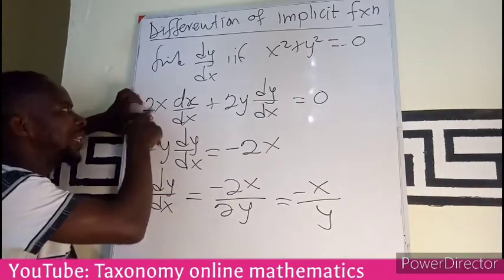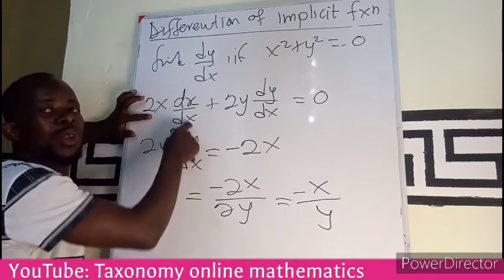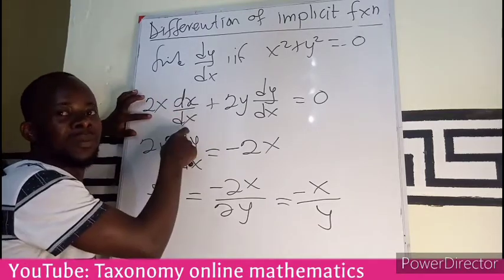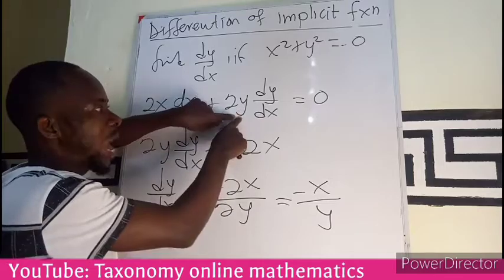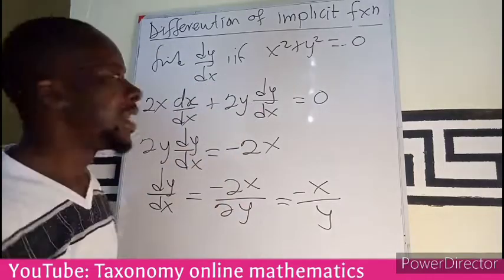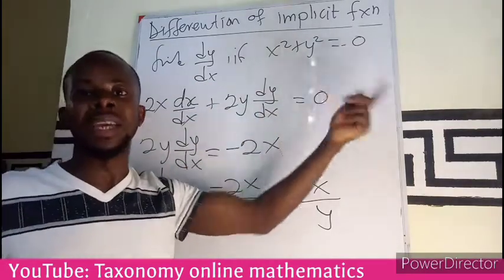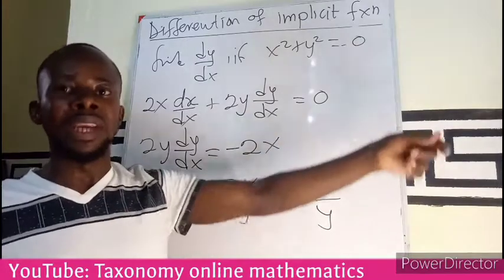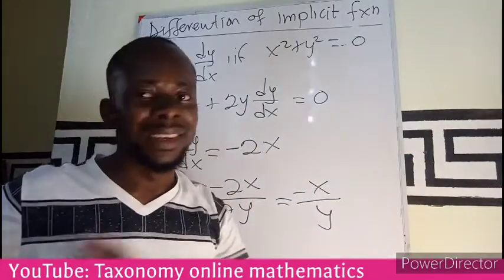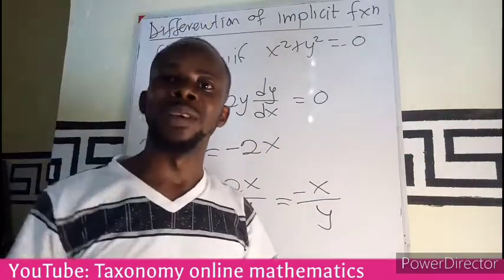If I differentiate x with respect to x, it will be dx/dx. If I am differentiating y with respect to x, then the value will multiply dy/dx. Then I will make my dy/dx the subject. Then voila, your answer is secured.